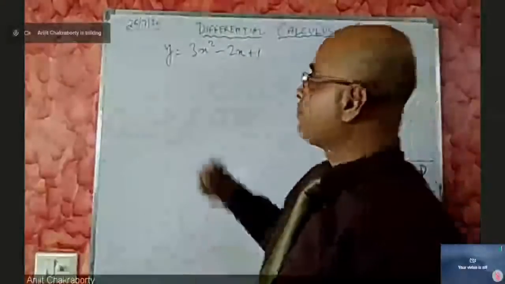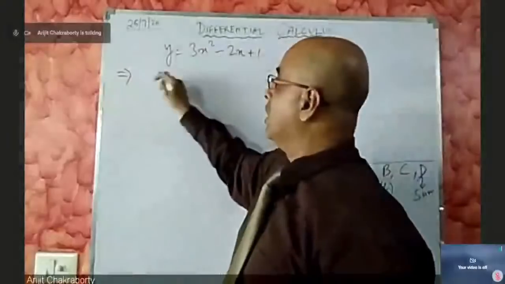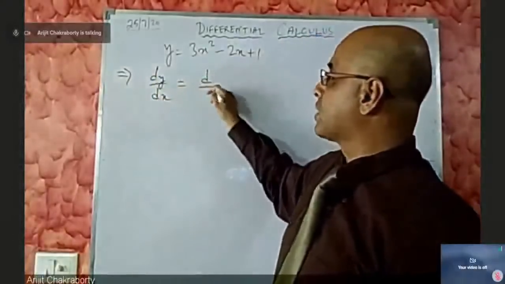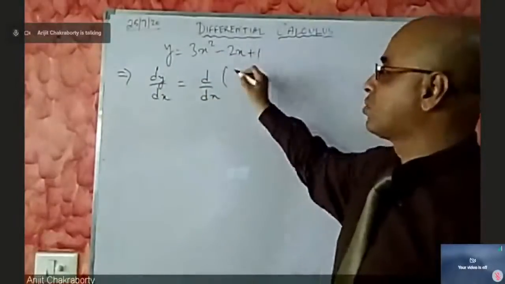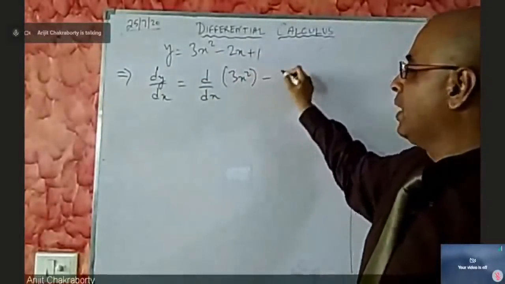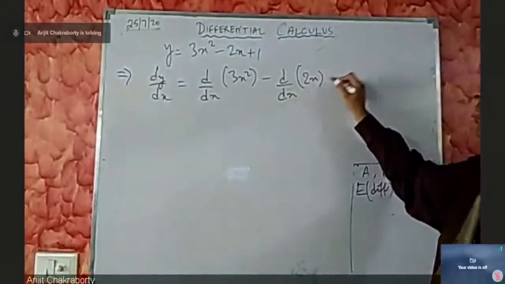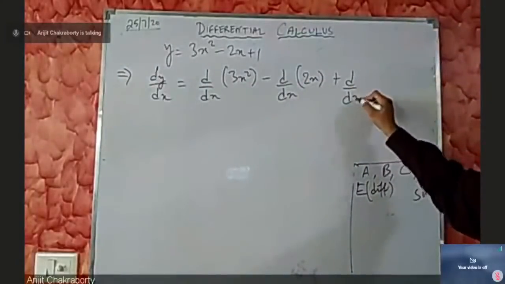So dy by dx will be equal to d/dx of 3x squared minus d/dx of 2x plus d/dx of 1.